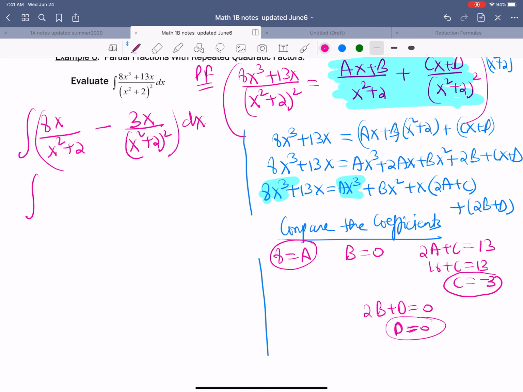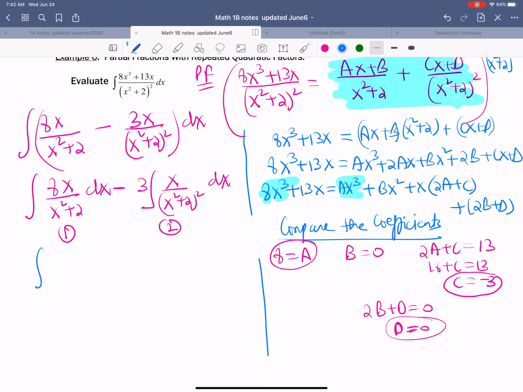Okay, so break it into pieces: 8x over x squared plus 2 dx minus 3x over (x squared plus 2) to the second power dx. Let's call these integral 1 and integral 2, and I'm going to do them separately and plug back into our answer.